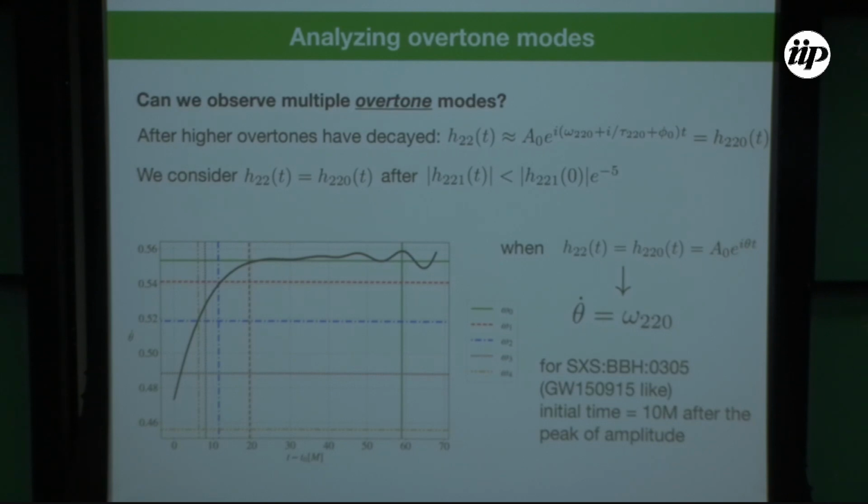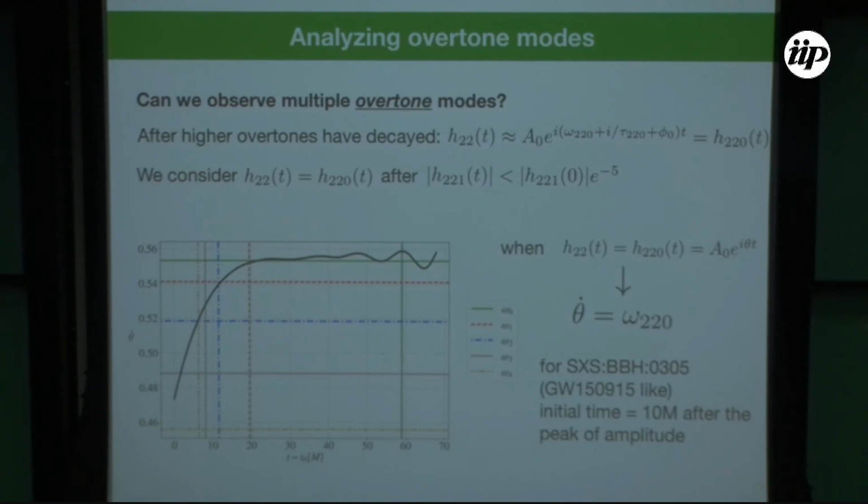We consider that this is going to happen when the first overtone amplitude has decayed to less than 1% of its initial amplitude. This is equivalent to a time scale of 5. When this happens, we consider that our waveform is just the fundamental mode.